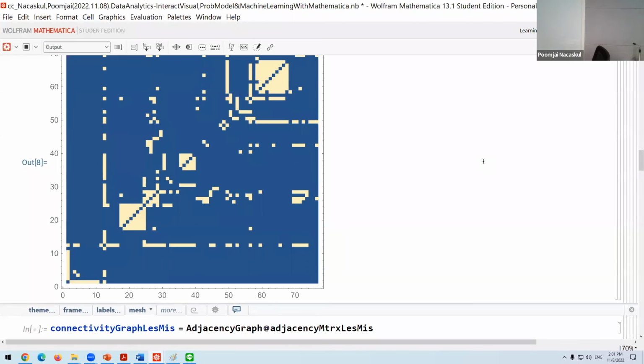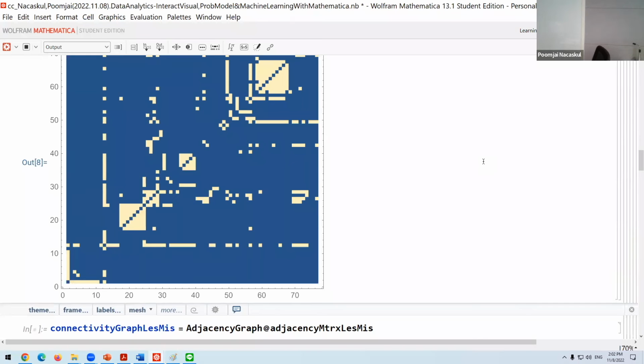The first person appears in the same scene as the second character, third, fourth, fifth, sixth, seventh, eighth, ninth. So flip it like this and you get 0 and 1. Blue or dark color is 0. Yellow or light color is 1. This is much easier to visualize than a whole bunch of 0s and 1s.